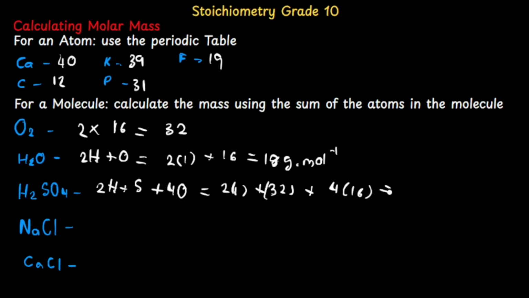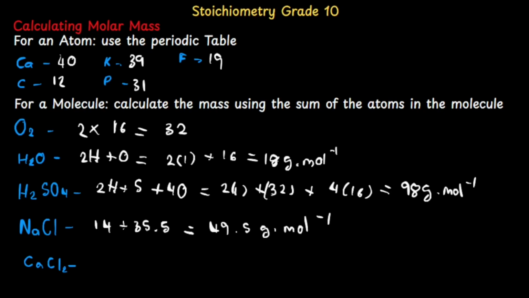So that'll simply be 98 grams per mole. If I am looking at sodium chloride, NaCl, which is your table salt, we would look at the mass of sodium, which is 14, and we will add the mass of chlorine, which is 35.5, and of course we'd get an answer of 49.5.